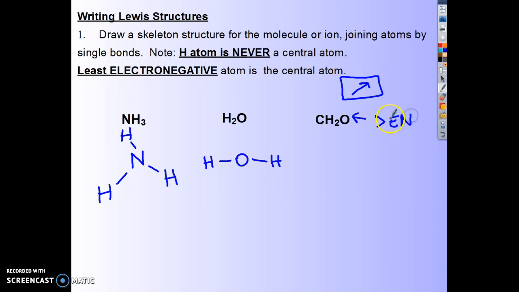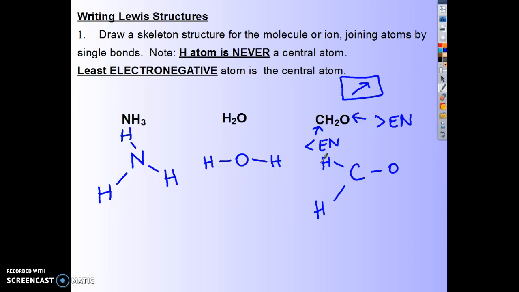I'm just going to say EN for electronegative. And carbon is less electronegative, so carbon will have to be our center here. And we're going to have oxygen and then 2 hydrogens coming off of it. So these are our skeleton structures.